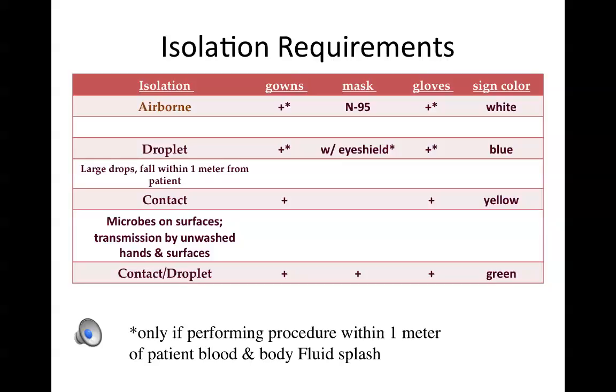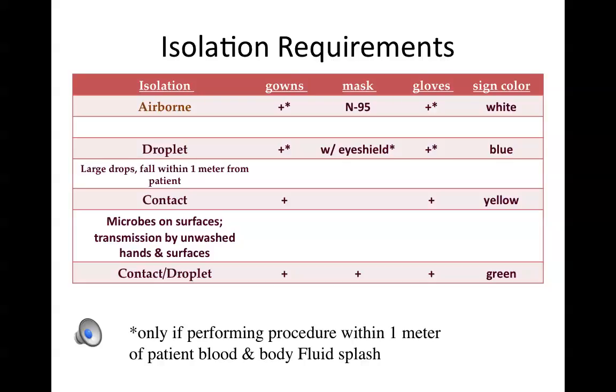If it's a fine mist airborne type of pathogen, then frequently, especially if you're going to be within a meter of the patient's blood or body fluid splash, you'd need to wear a gown, an N95 mask, as well as gloves.